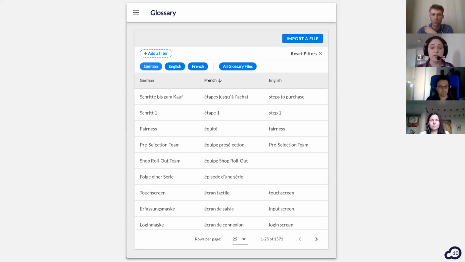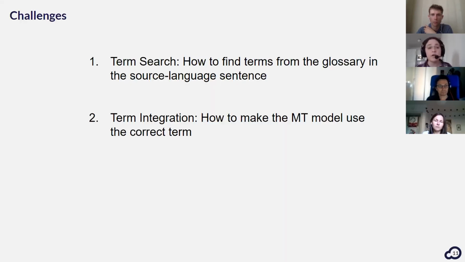Now, this is how the challenge came to us. How can we use this glossary within the machine translation system to also increase the terminological coherence and consistency of the machine translation output? So we separated this challenge into two sub-challenges.